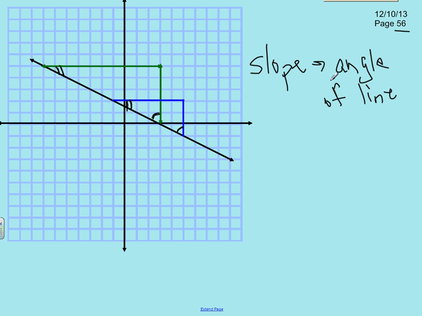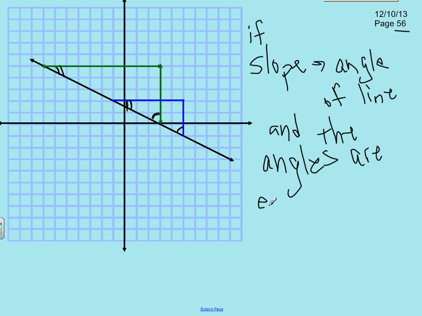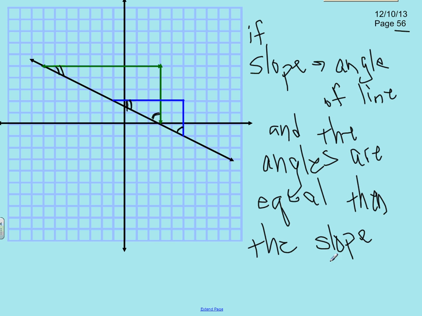So if slope describes the angle of the line, and the angles are equal, then what must we know about the slope? If slope describes the angle of a line and the angles are equal, then the slope must be equal.